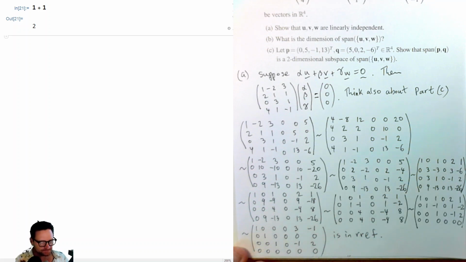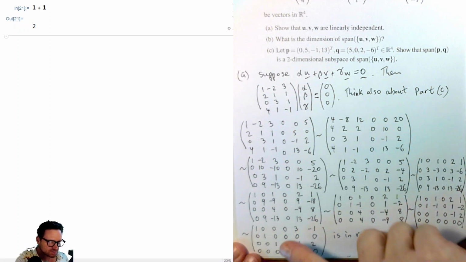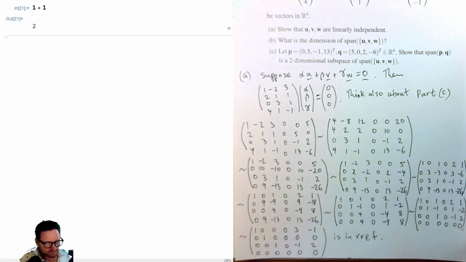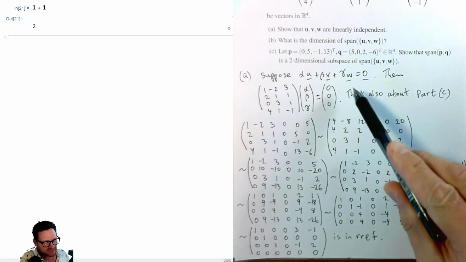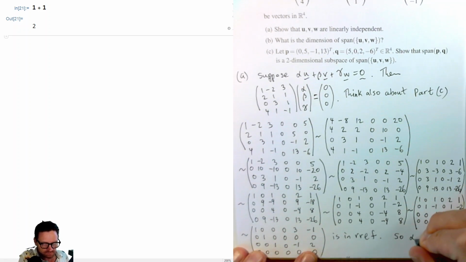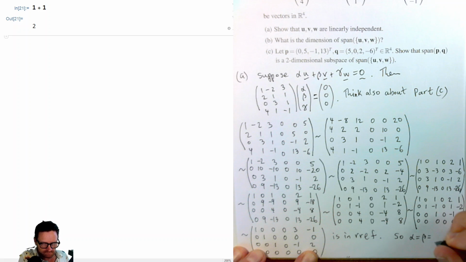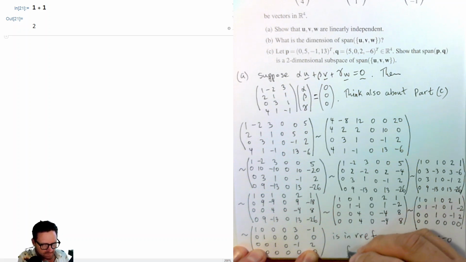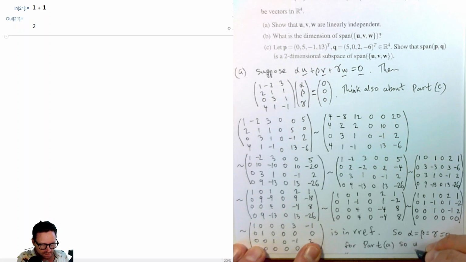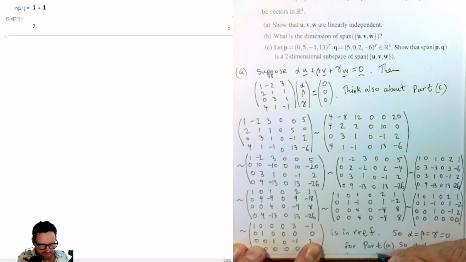Now what does it say? Well, if we just ignore the last two columns, then this shows that alpha equals 0, beta equals 0, and gamma equals 0 in question A. And so U, V, W are linearly independent.